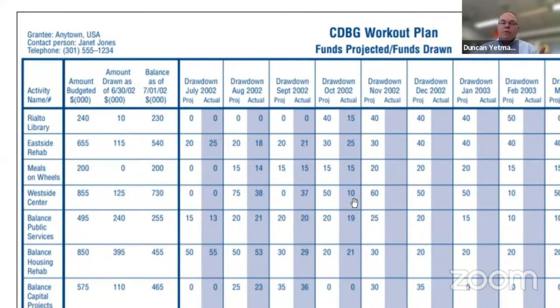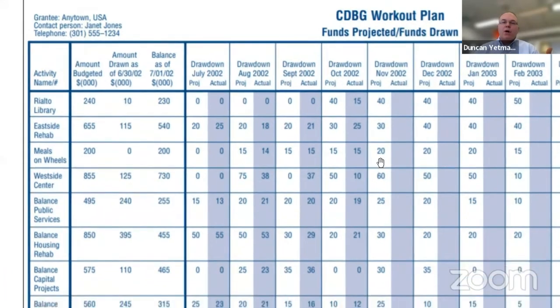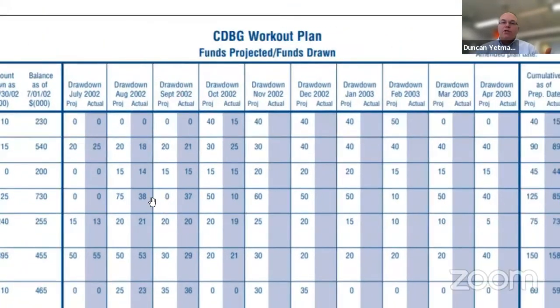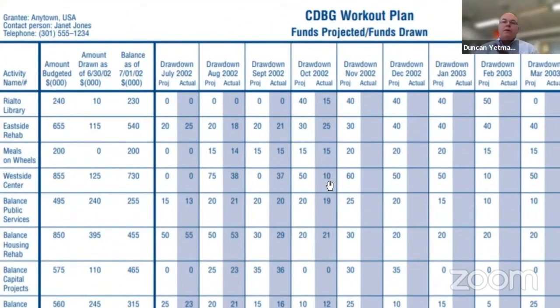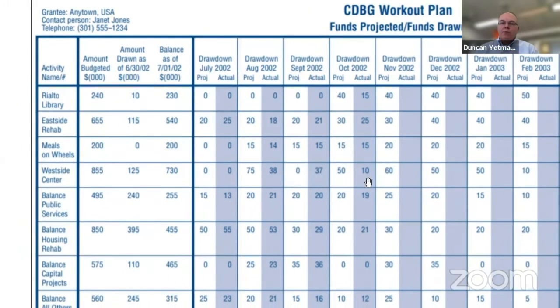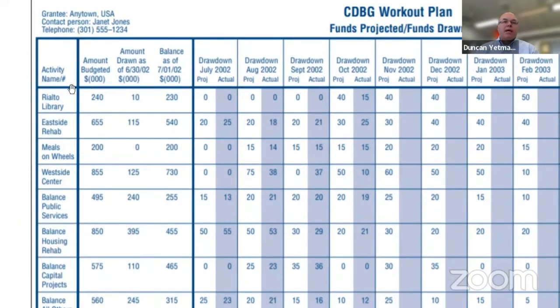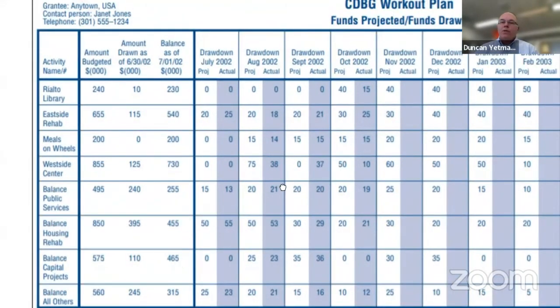It's going to be easier for upper management within your jurisdiction to see it all on one spreadsheet, all on one sheet of paper, so they can quickly reference how we're doing, where are the bottlenecks, what needs to get moving. Put the name of the activity, and again here, so you can have it all on one sheet.